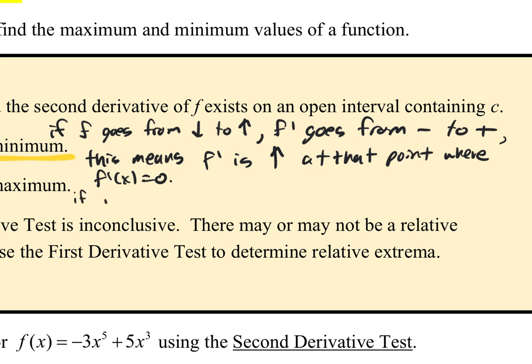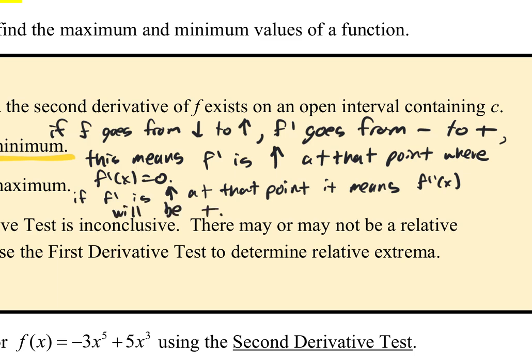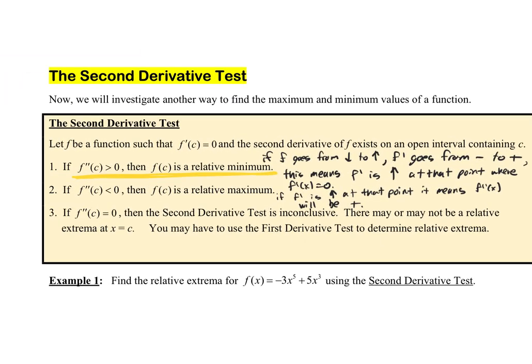So if the first derivative is increasing at that point, it means, using the same logic going from a function to its derivative, that the second derivative will be positive as necessary, as we can see here in this point. Therefore, this really all starts back at the fact that the function's going from decreasing to increasing, a relative minimum, it follows, right?